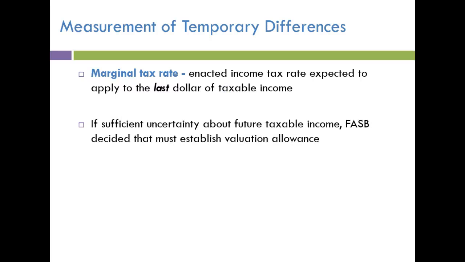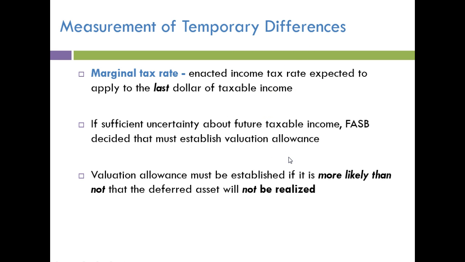If sufficient uncertainty about future taxable income, FASB decided that we must establish a certain type of allowance for valuation. More likely than not that the deferred asset will not be realized. Oh my goodness. Don't even worry about that.